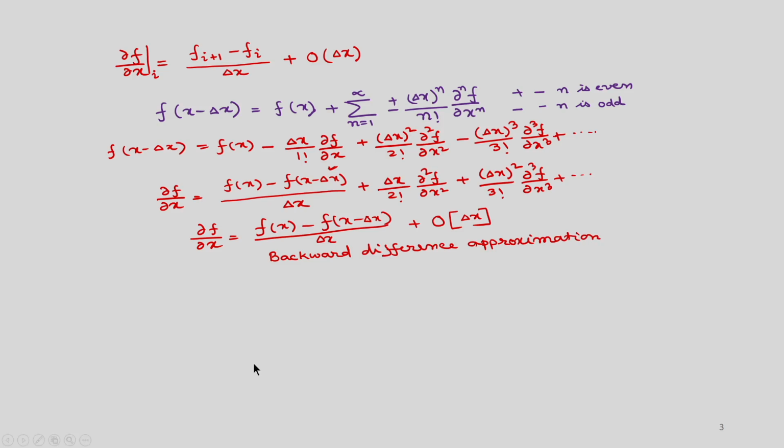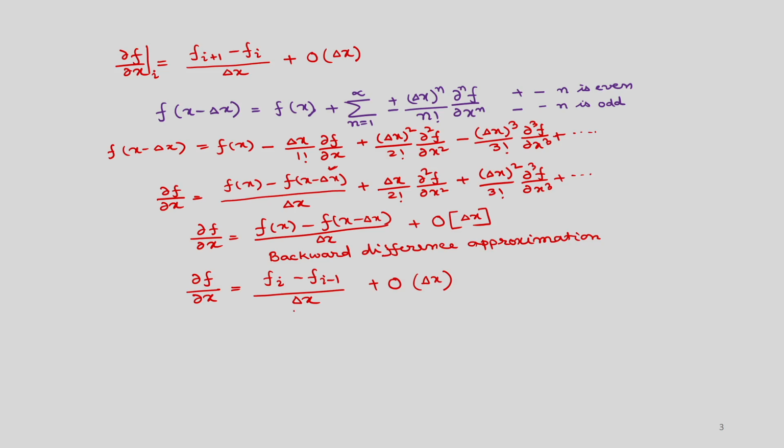Okay. Now, if you want to represent in terms of the discrete points i plus 1 and i minus 1, you can write del f by del x as f i minus the backward point f i minus 1 divided by delta x, and order of delta x.